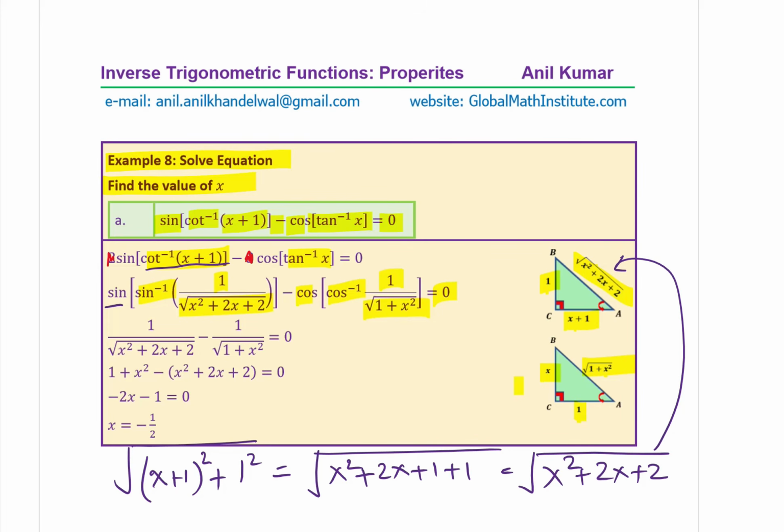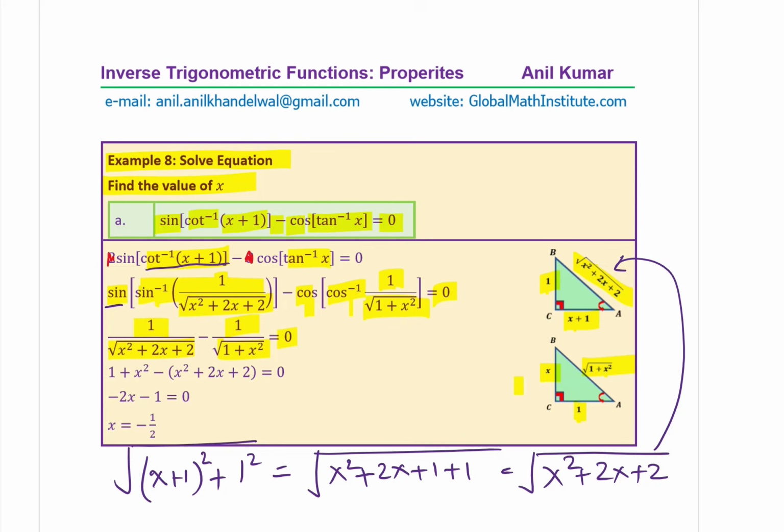Now, to solve this equation, we know that the inside part is sine inverse, the outside is sine. So what do we get? We get the value of x itself. So here also, the inside term is what we get because cos of cos inverse x is x, right? So we get 1 over square root of x squared plus 2x plus 2 minus 1 over square root of 1 plus x squared equals to 0.